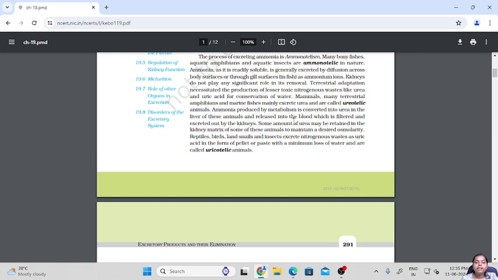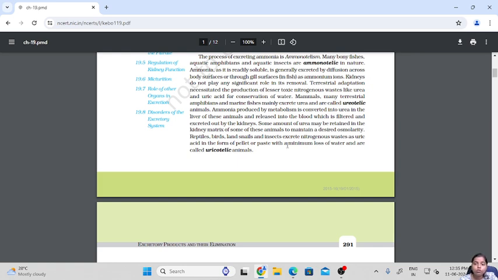Mammals, many terrestrial amphibians and marine fishes mainly excrete urea, and that's why they are called ureotelic animals. Ammonia, which is produced by metabolism, gets converted into urea in the liver of these animals and is released into the blood, which is then filtered and excreted out by the kidneys.